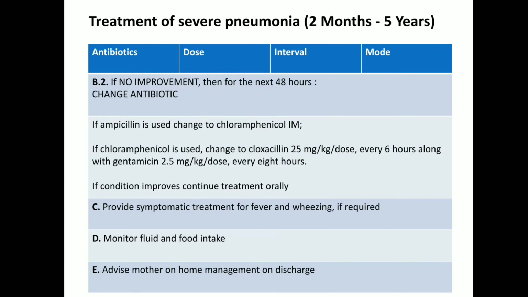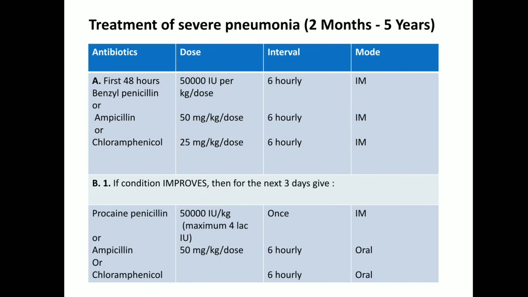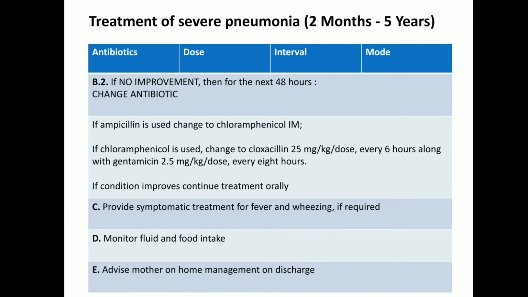If there is improvement, you are changing the patient from injection form to oral form. But in case there is no improvement, then you have to change the antibiotic within the next 48 hours. If ampicillin is used, you have to change it to chloramphenicol.